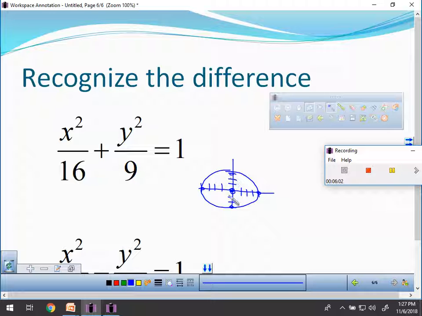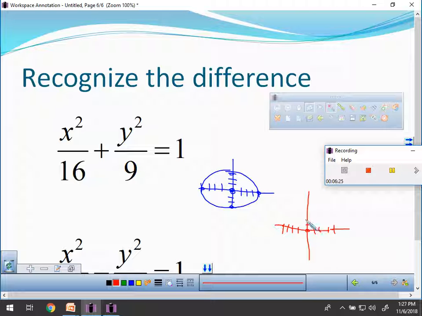Pretty straightforward. But if I wanted to draw a hyperbola, here's the only thing that would be different. I would still plot my center at 0, 0, and I would still go out plus 4, and I would still go out minus 4, and I'd still put points there, so put your 2 points right there.